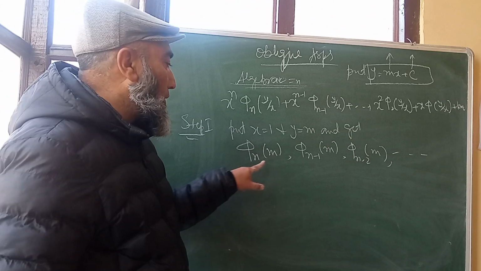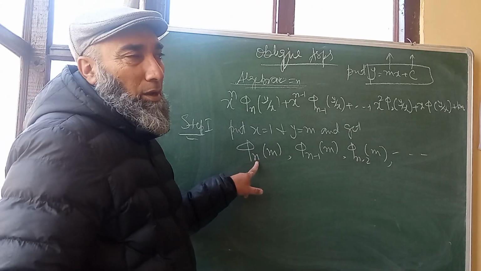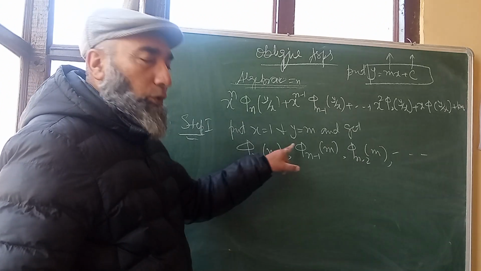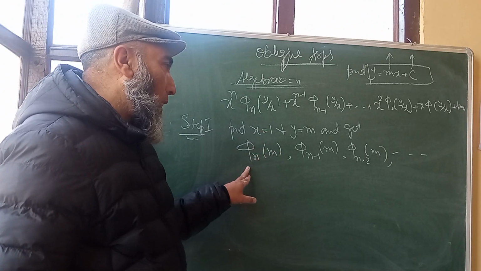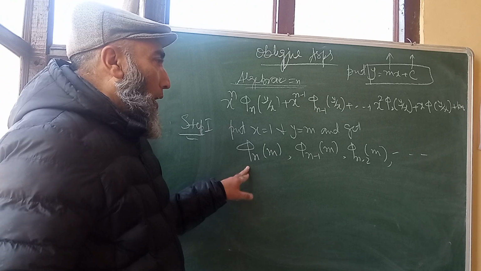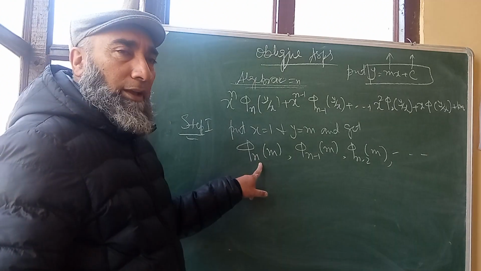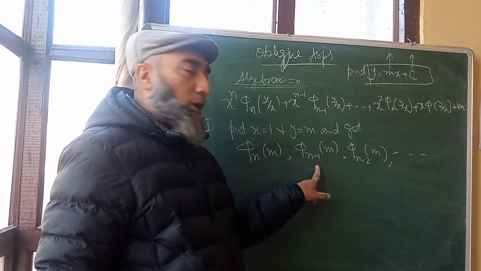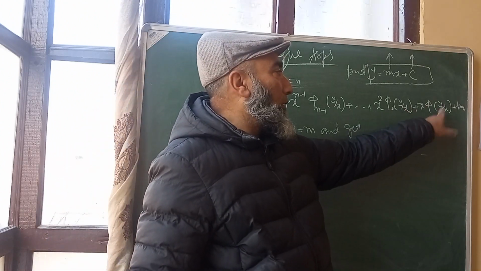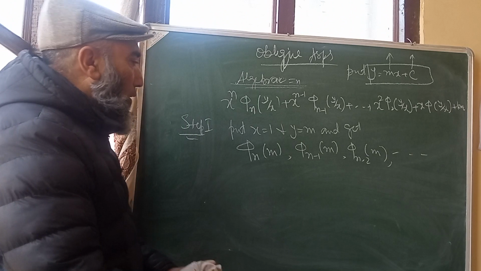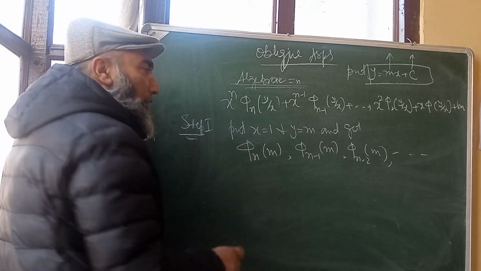This will be an equation, when equated to 0, of a function of degree n. This will be a function of degree n minus 1, then n minus 2, down to degree 2, degree 1, and so on.